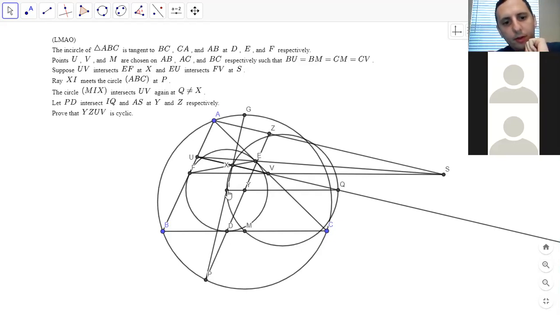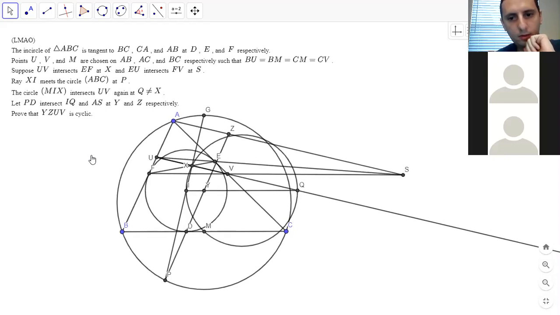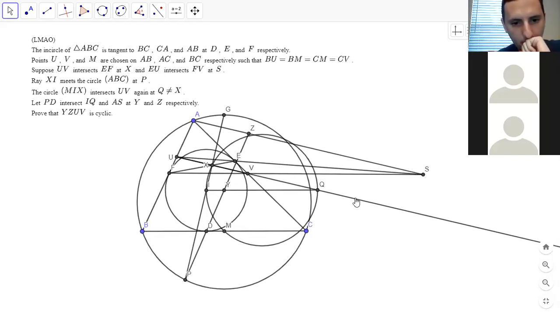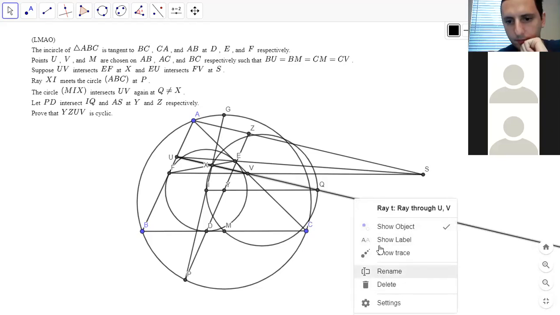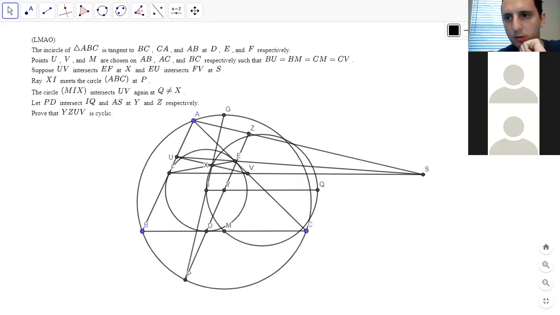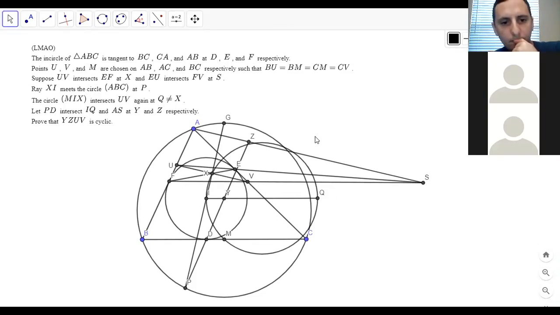So I is the circumcenter of UVM. Yep. Also, we have from the Simpson line, IX is perpendicular to UV. Actually, it is also true from spiral similarity. Okay.